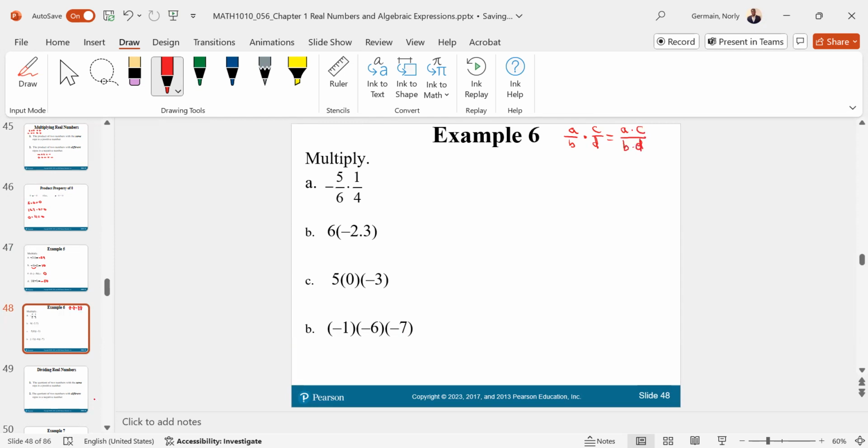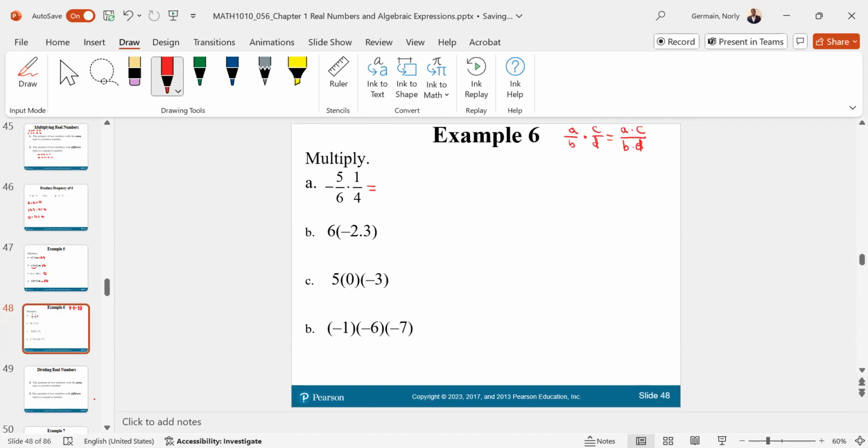So that's important. It's different when you add or subtract fractions. When you add or subtract fractions, you need to find the least common denominator. Then with the same denominator, you add the numerators. But with multiplication, you must multiply the bottoms together and the tops together.